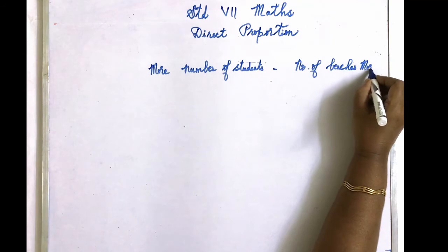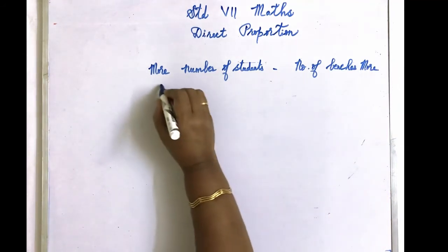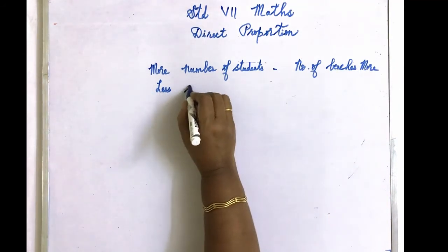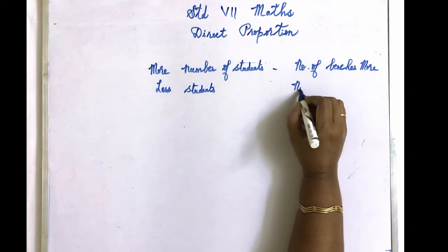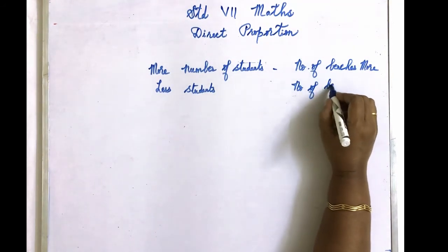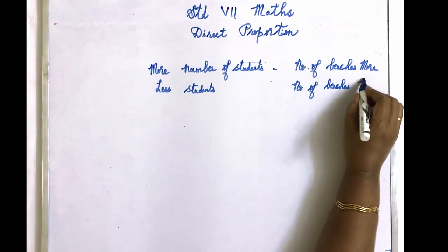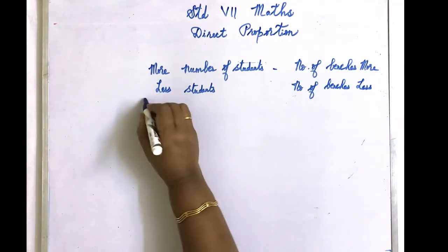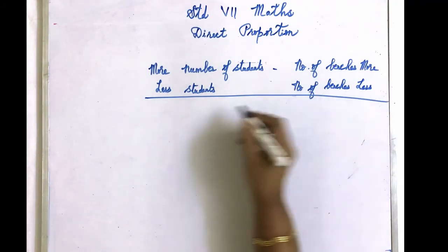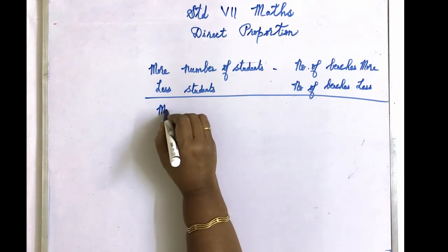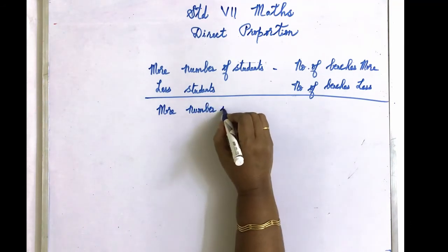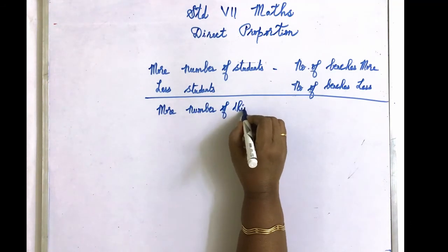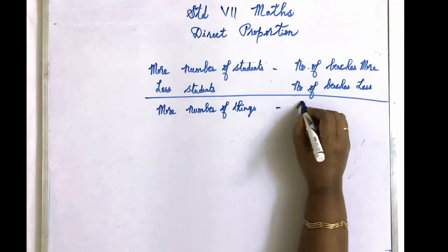If there are fewer students, the number of benches needed will be less. Suppose if we buy more articles or things, the cost will be more.